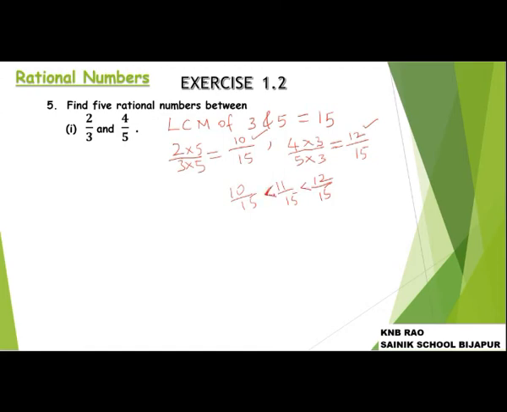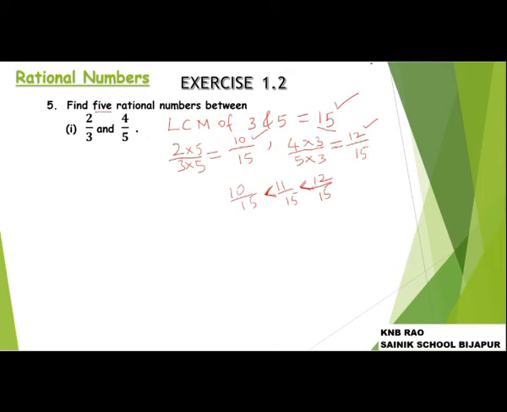But we are asked to find not one, we are asked to find 5 rational numbers. To find 5 rational numbers, we prefer sometimes not just the LCM alone of these denominators, even a multiple of that LCM of 3 and 5.